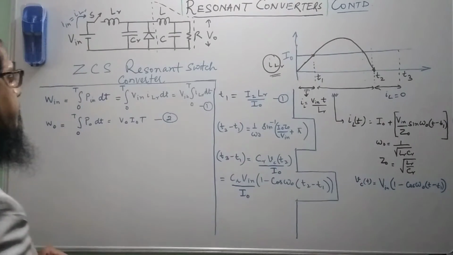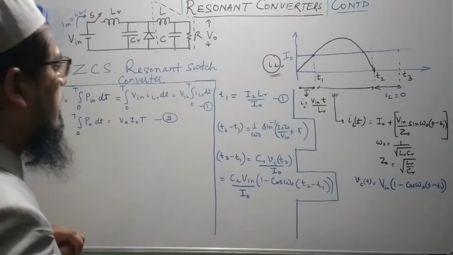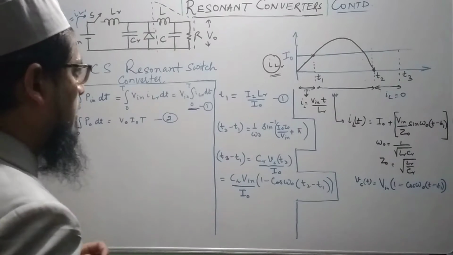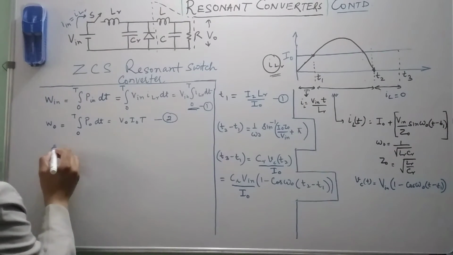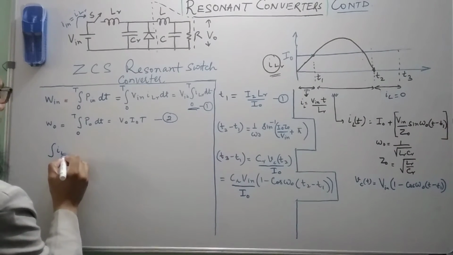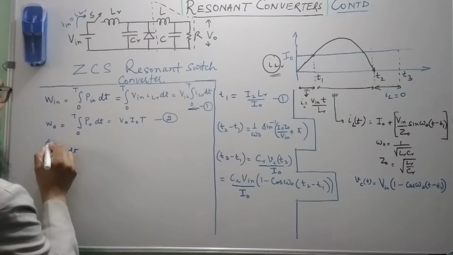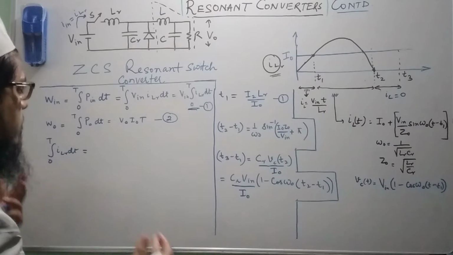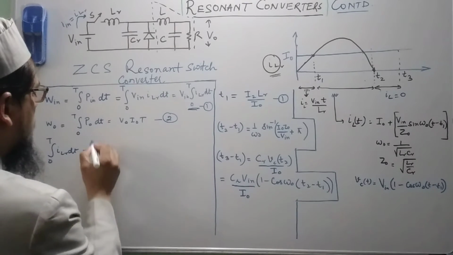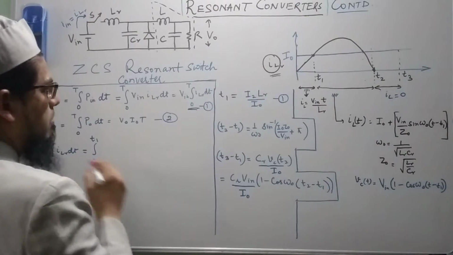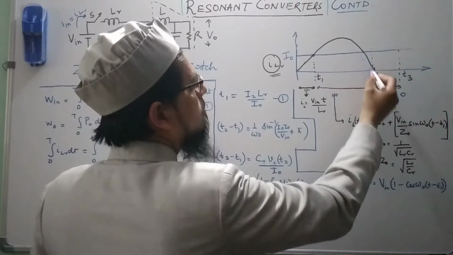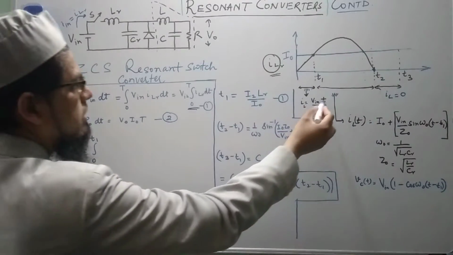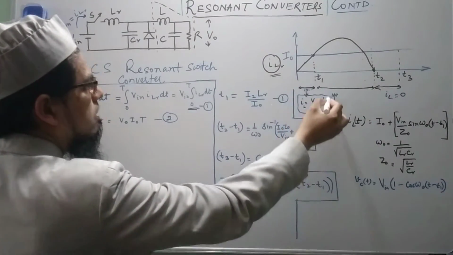Before equating the two, let us try to find out this integration, the integration of ILR dt from 0 to T. I can break this integration in 3 parts. The first being from 0 to T1. Remember this is the inductor current and this is the waveform for the inductor current. From 0 to T1 its expression is given by this.